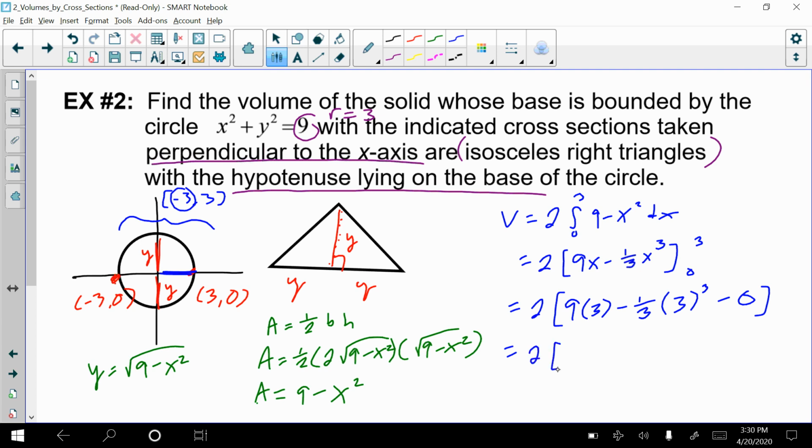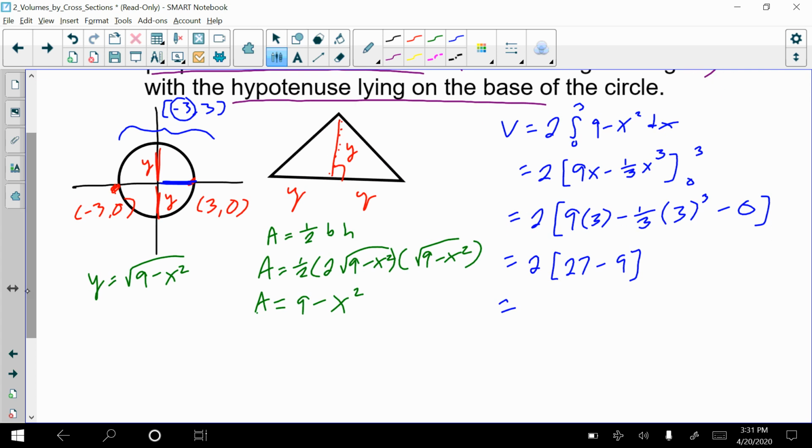Here I'm going to get 27 minus 9. Let's keep with the brackets here. Essentially, 27 minus 9 is 18, so 2 times 18 gives me a volume of 18 cubic units.